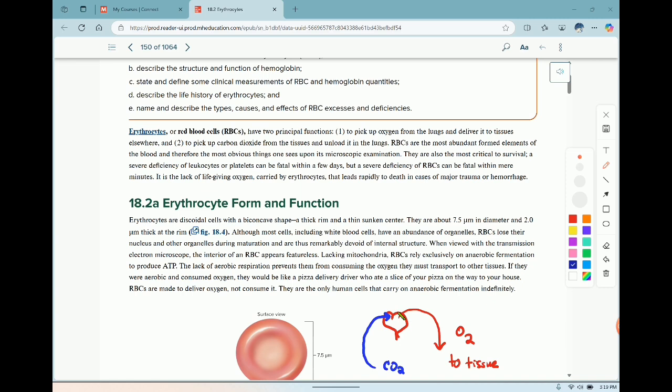So red blood cells also carry carbon dioxide, transport it back to the lungs where we breathe it out, and then the red blood cells get resaturated with oxygen, and then it's put back into systemic circulation.